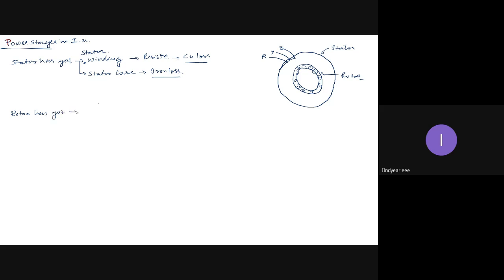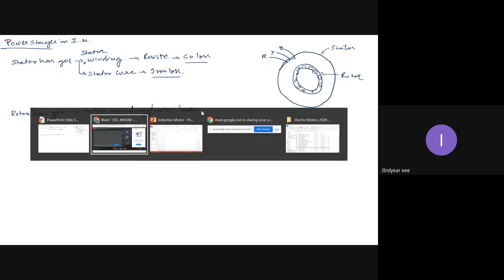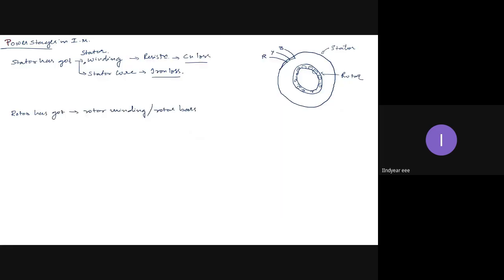Rotor has got rotor winding or rotor bars, and also it has got rotor core.